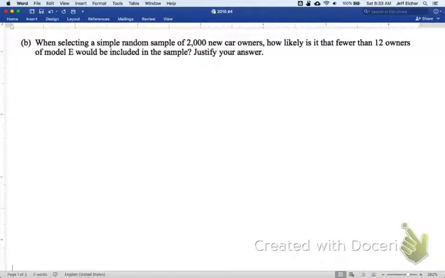I'd like to do part B in two ways. The first way is, since we just mentioned that this is binomial, let's see if we can answer this question as a binomial probability. We're asked, in a sample of 2,000, same as part A, how likely is it that we get fewer than 12?